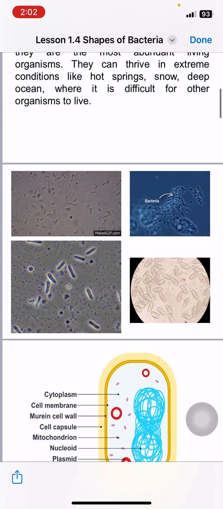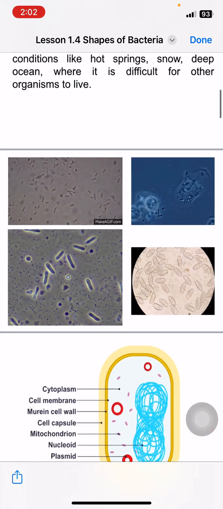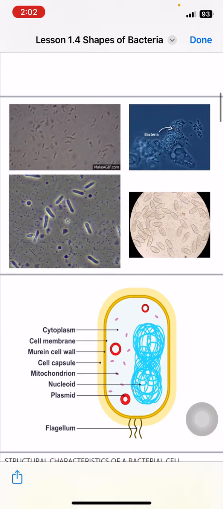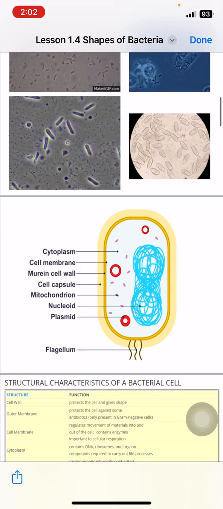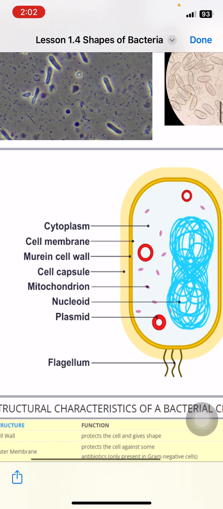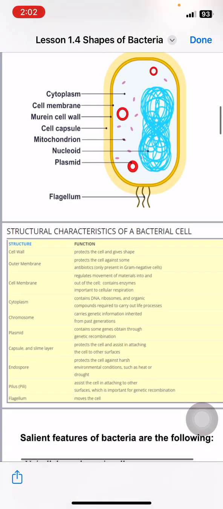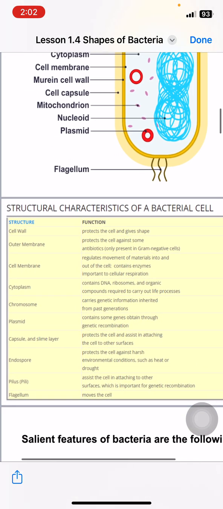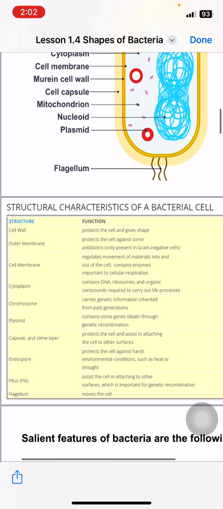Moving forward, this illustration will show you the microscopic view of bacteria. This is also the representation of the parts of a prokaryotic cell, because as we all know, bacteria is a prokaryotic cell.